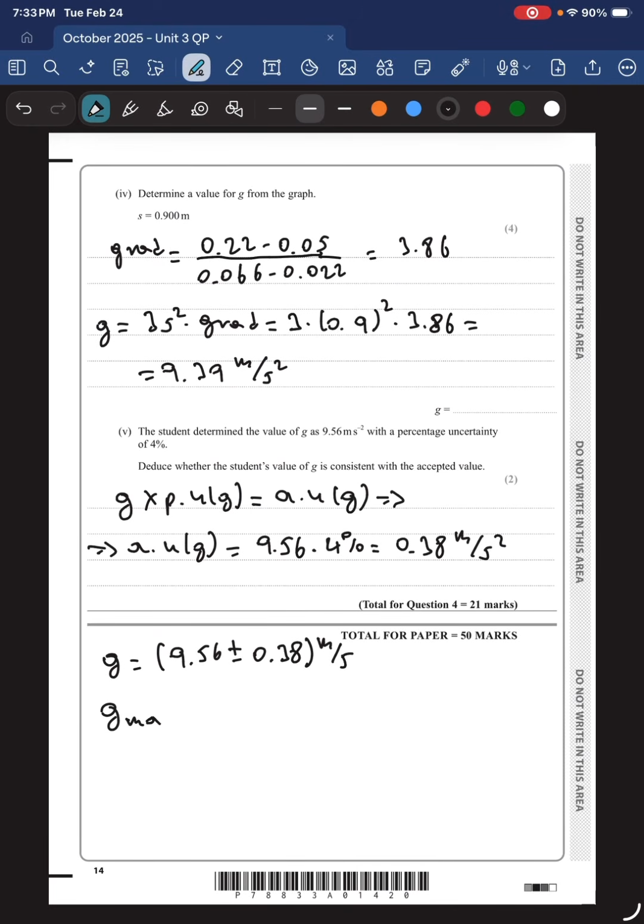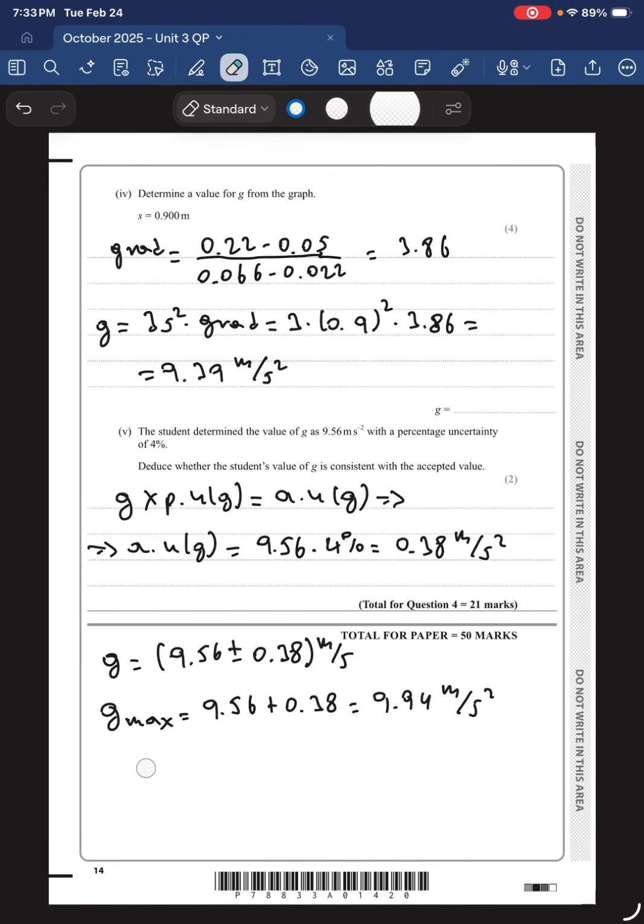The upper bound, G max, is 9.56 plus 0.38, which is equal to 9.94 meters per second squared. So that's the upper bound.